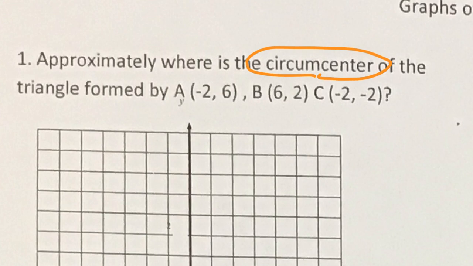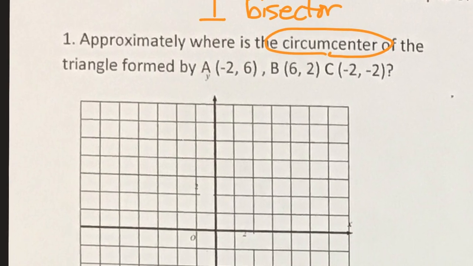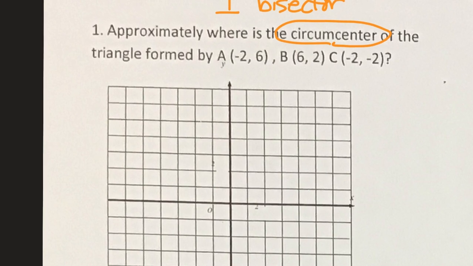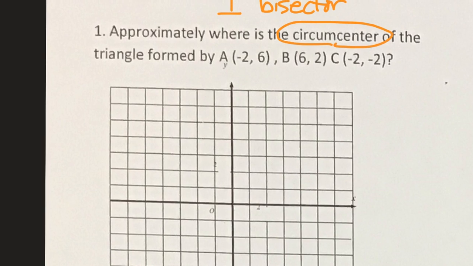The perpendicular bisectors. So I need to construct the perpendicular bisectors if I am going to find the circumcenter. So let's first plot these 3 points on your triangle so that we have something to work with.